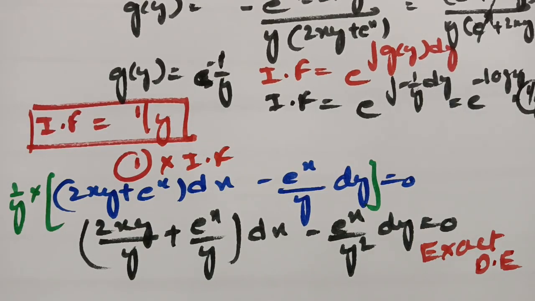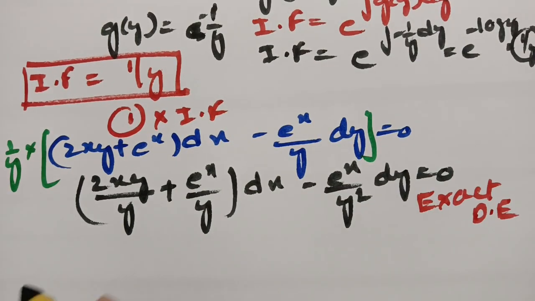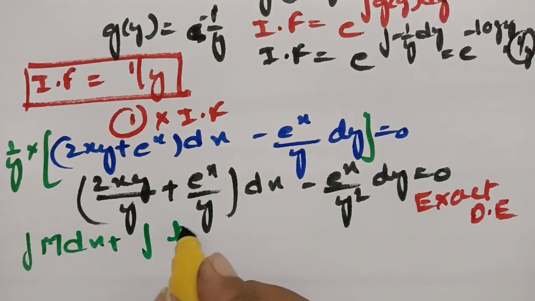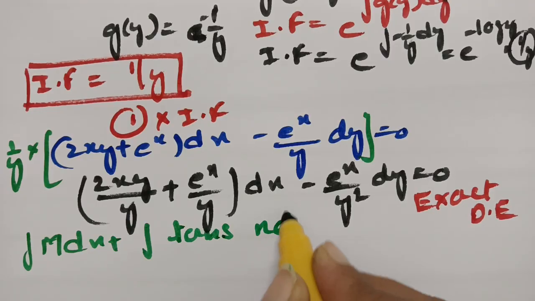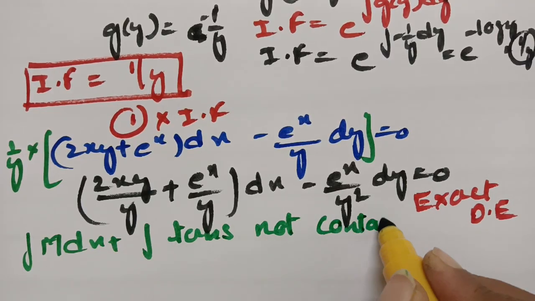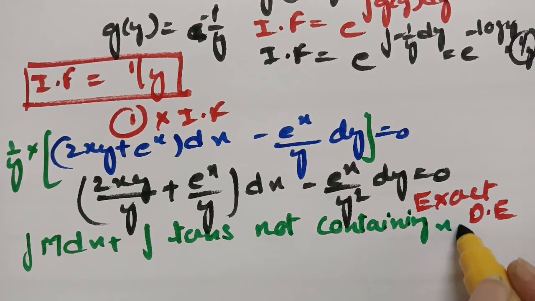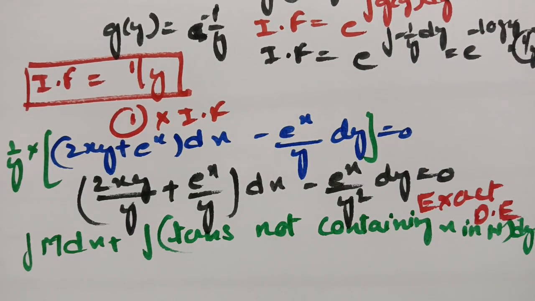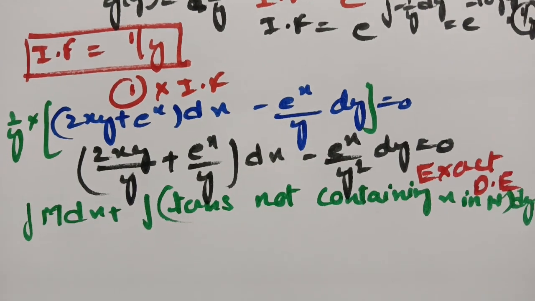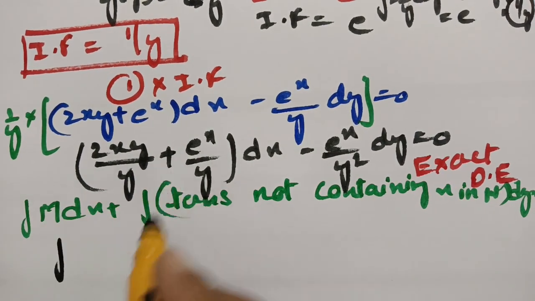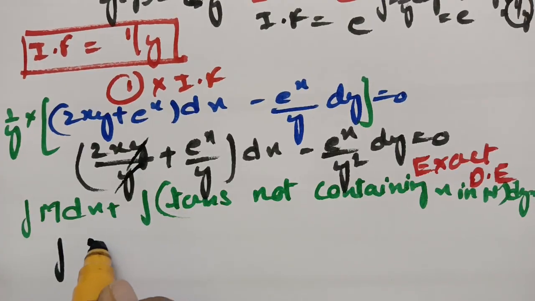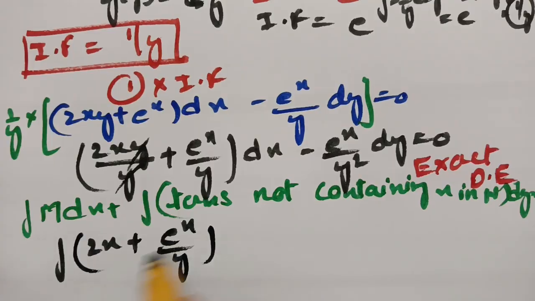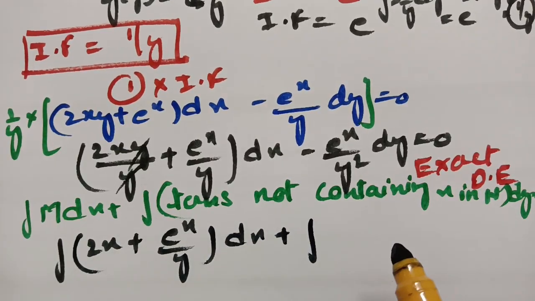So what is the formula for the solution? The solution formula here is the integral of M dx plus the integral of the terms in N not containing x, dy, is equal to c. So the integral of M, after cancelling, is (2x + e^x/y) dx, plus the terms not containing x.